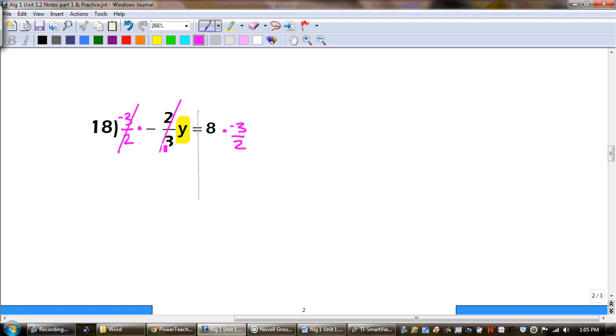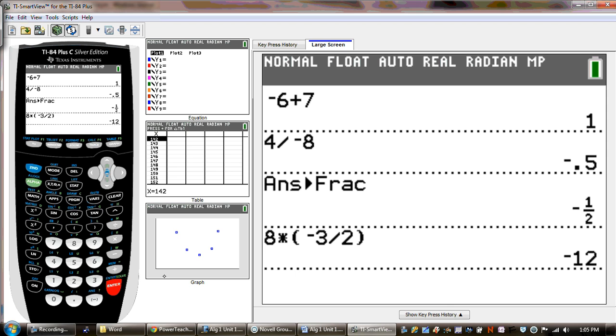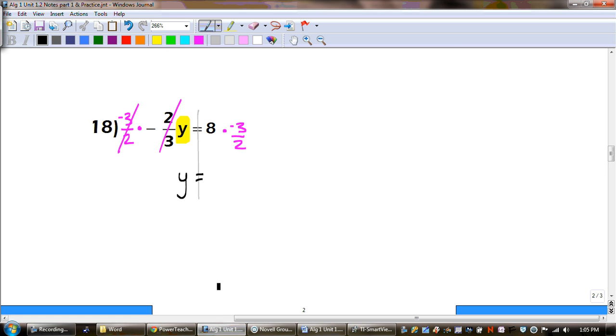Everything on the left side cancels out. We're left with y equals, I'm going to go to my calculator. I have 8 times, in parentheses, negative 3/2. Okay, so we get negative 12. So y equals negative 12.